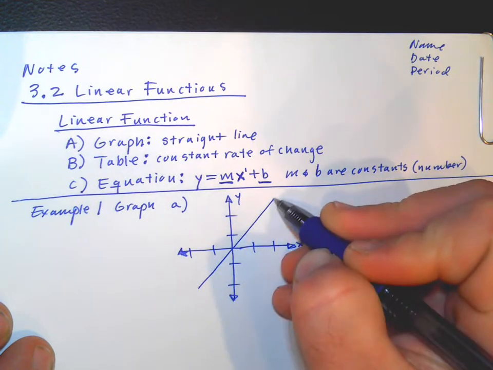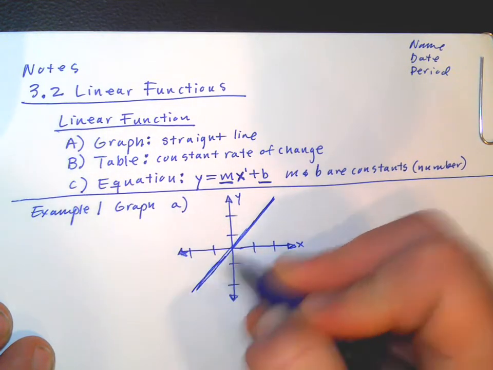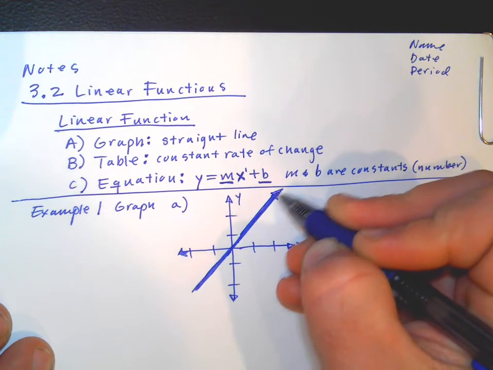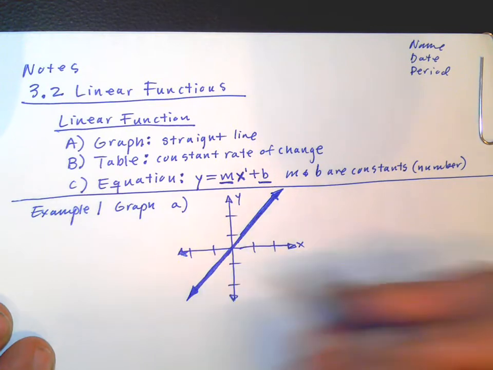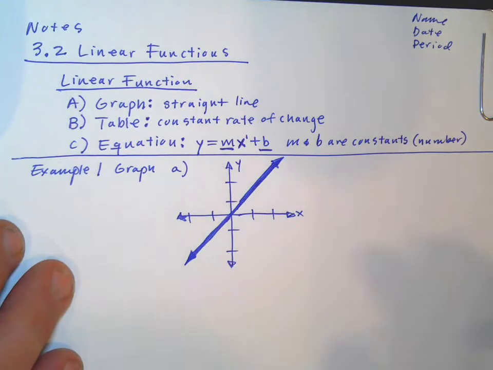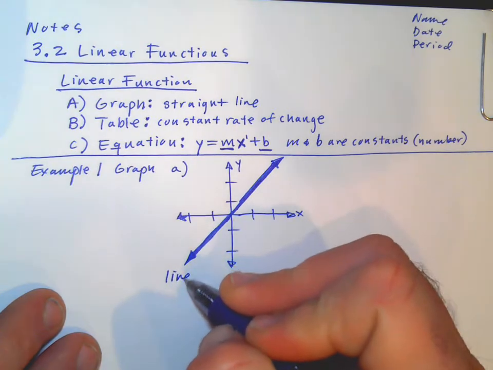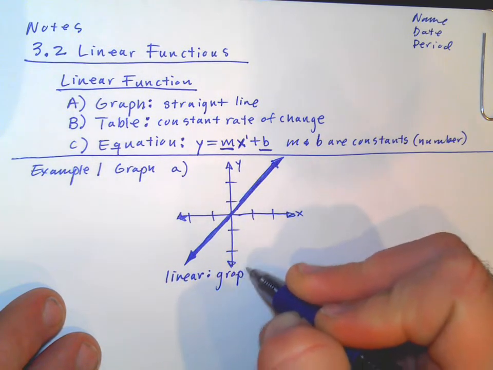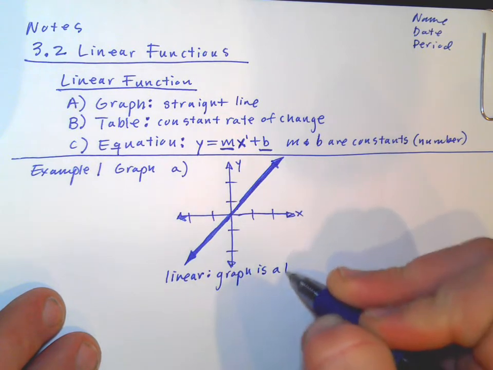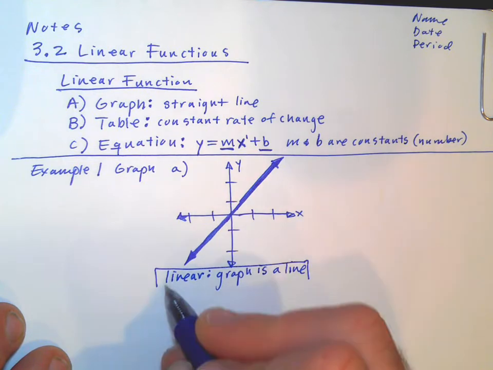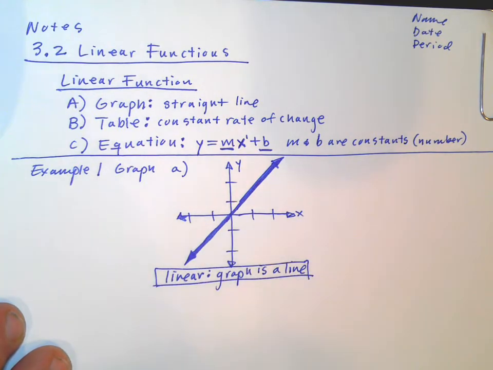This is the graph of our function. Now, does it look like a straight line? Yeah. So we're going to say that it is linear, and we got to give a reason: because the graph is a line. Linear is kind of a fancy way of saying line, something that looks like a line.